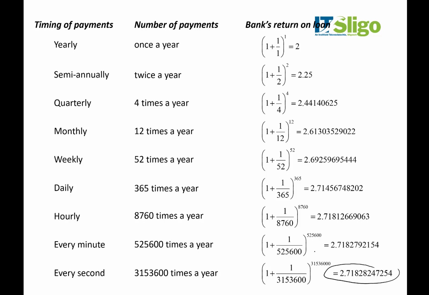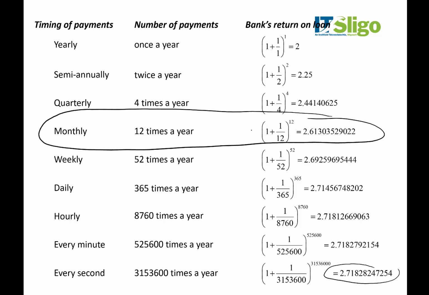Now, if this goes on, we could start dividing things into milliseconds, nanoseconds, and really drive it further and further. But there will be no financial gain for the bank to do that. And this is why banks generally go for monthly repayments. They get most of the benefit, but they don't have to incur the cost of applying this maths.